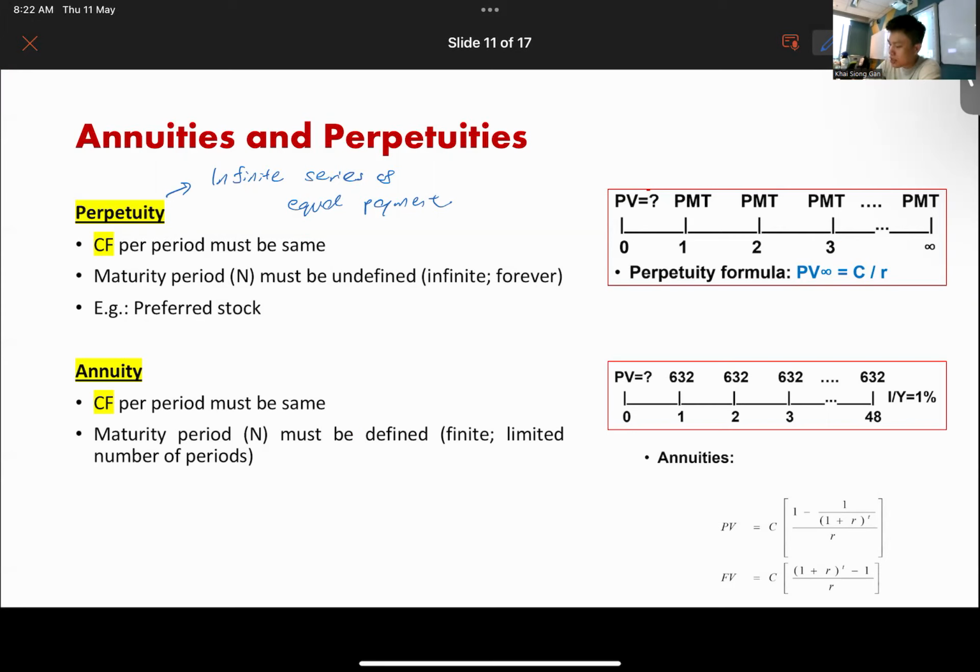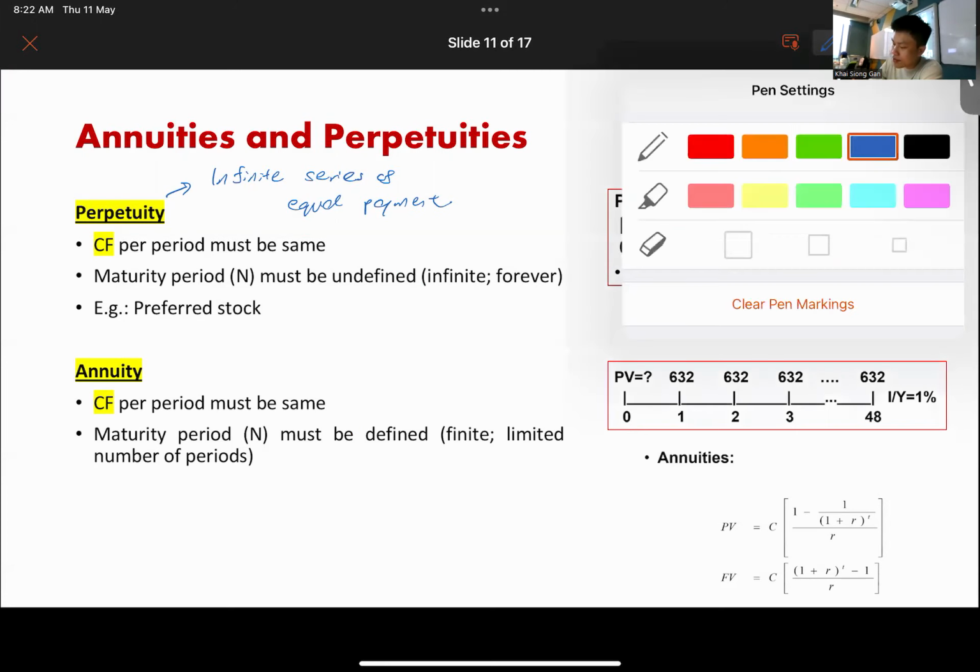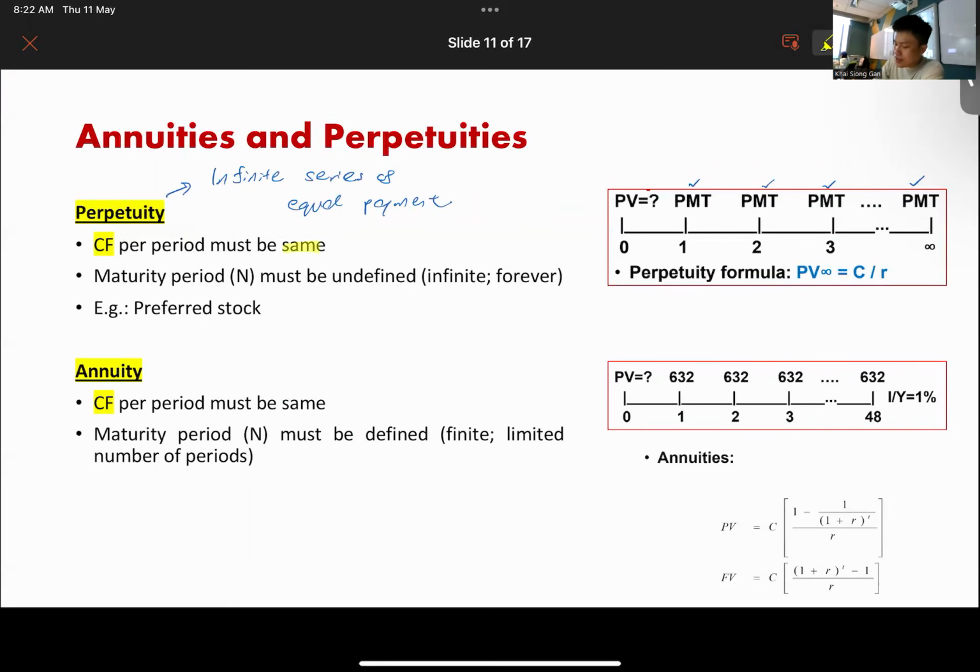For example, PMT here is your monthly or yearly cash flow, which is the same forever, and the maturity period is undefined. That means it's for infinite. Usually it's like preferred stock. When you hold preferred stock, you will be eligible for this kind of dividends.